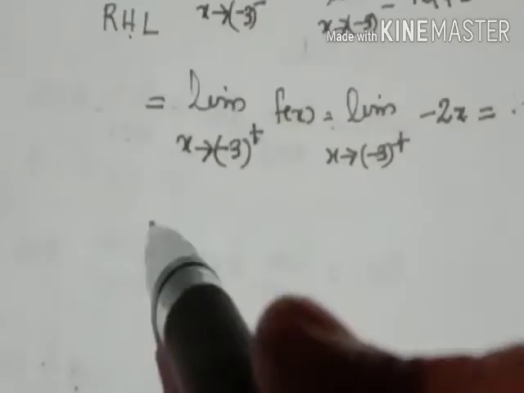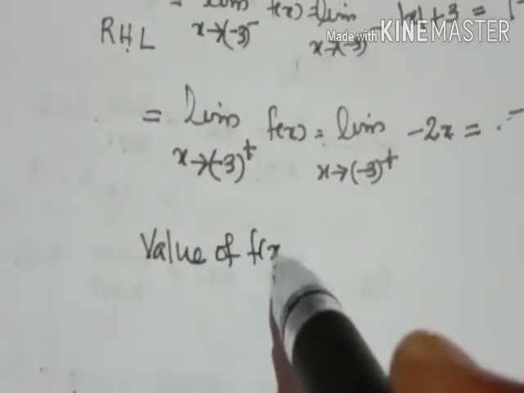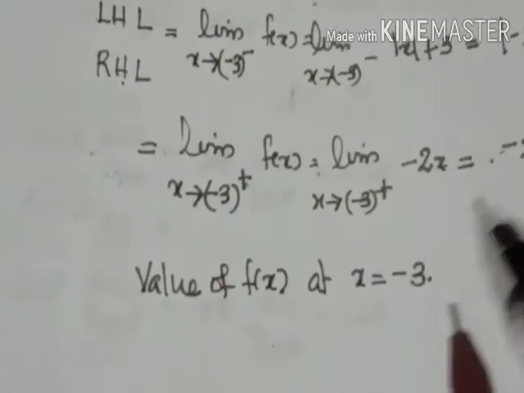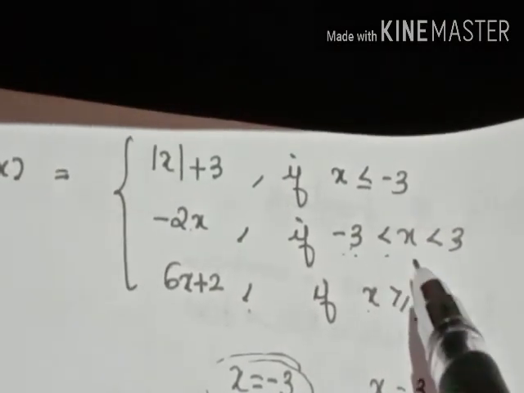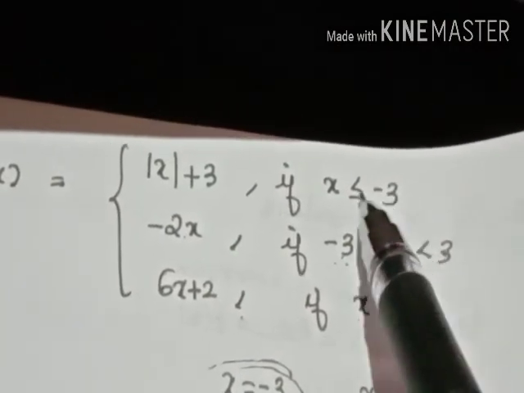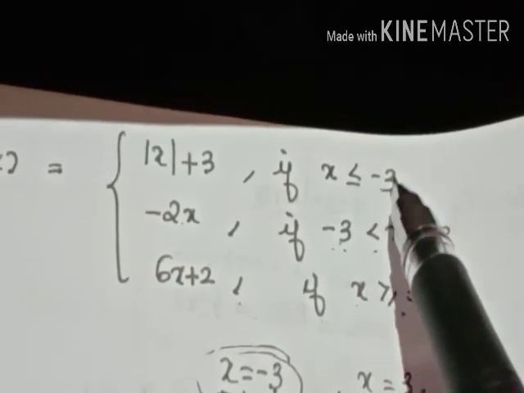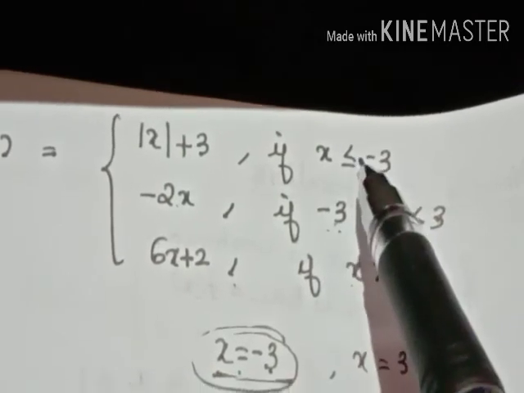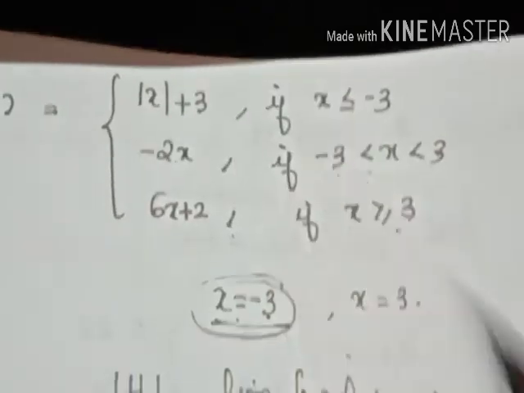So here we want to find the value of f of x also. Value of f of x at x equal to minus 3. Again look here, x equal to minus 3 belongs to this interval. Less than or equal to means less than and equal to. So x equal to minus 3 belongs to this interval, and in this interval f of x is defined as mod x plus 3.